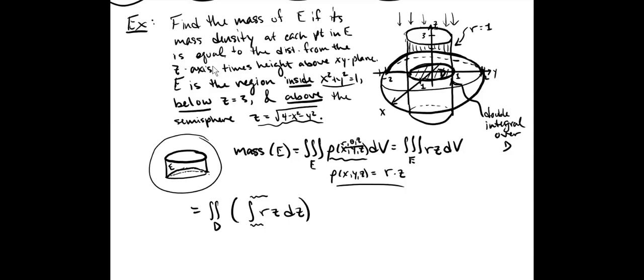So you can think of this as being your actual object. Inside of that footprint, the z values are starting at that semisphere and going up to the flat height of z equals 3. Semisphere up to the plane at 3. So z is stopping at z equals 3, but it's starting at the semisphere.